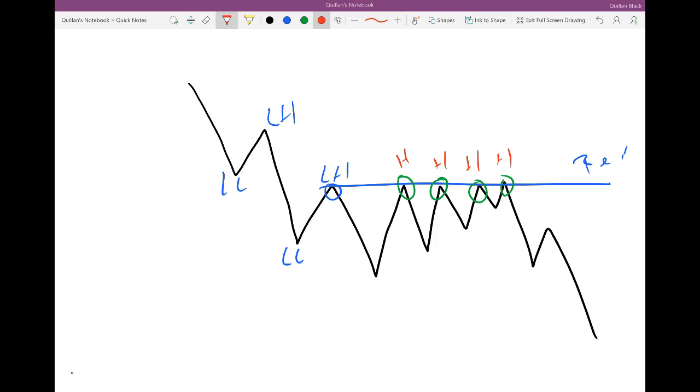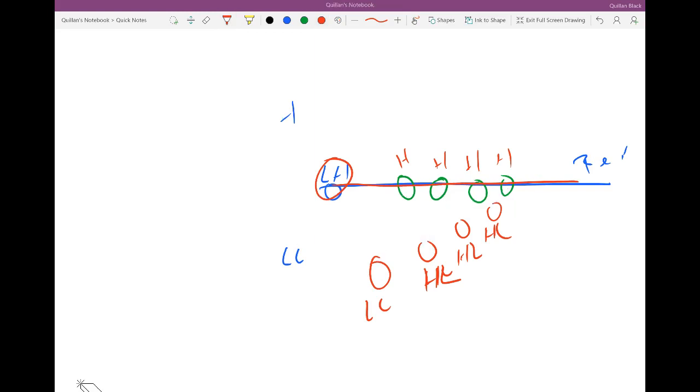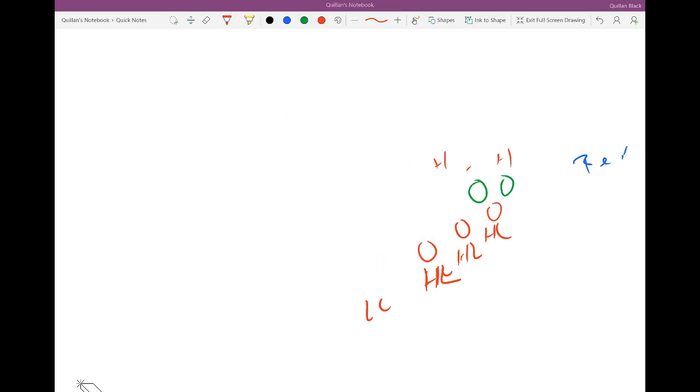Even though on the downside, yes, it made a lower low here, and then it made higher lows. But the downtrend was still being respected because no lower high was broken. When a lower high is broken on a downtrend, structure is broken. When a market breaks a higher low on an uptrend, structure is broken.